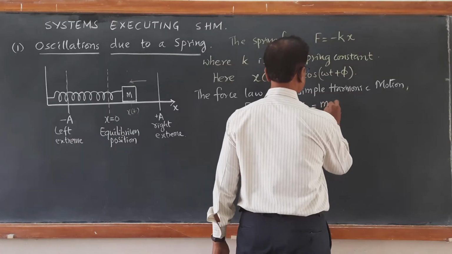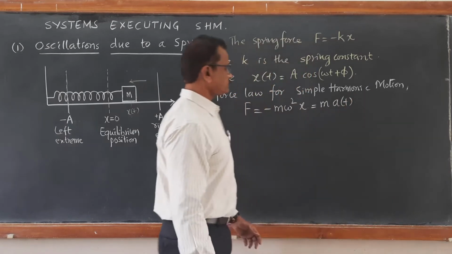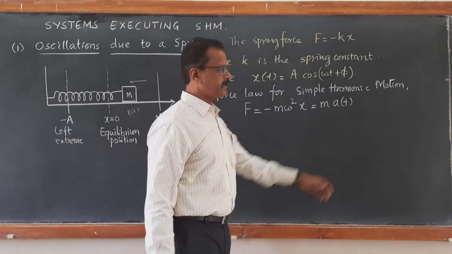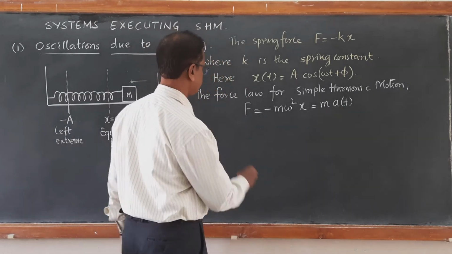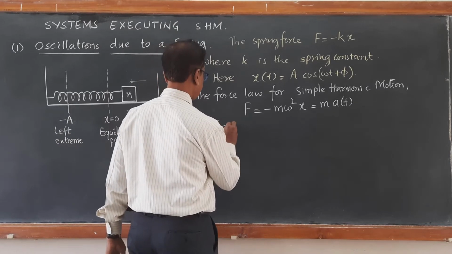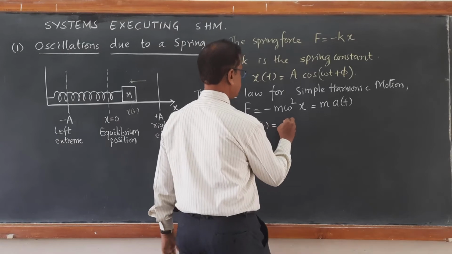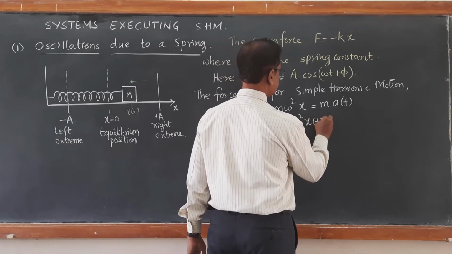Here this is m into a(t), where a(t) is the acceleration of the oscillating spring, and a(t) is equal to minus omega square x(t).